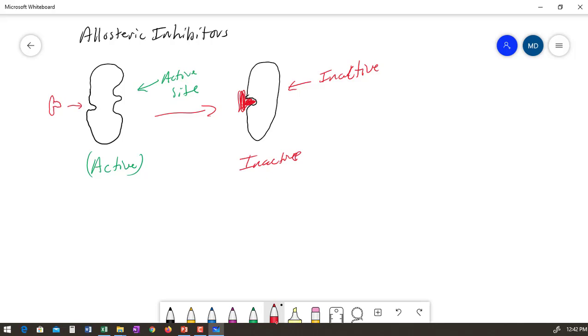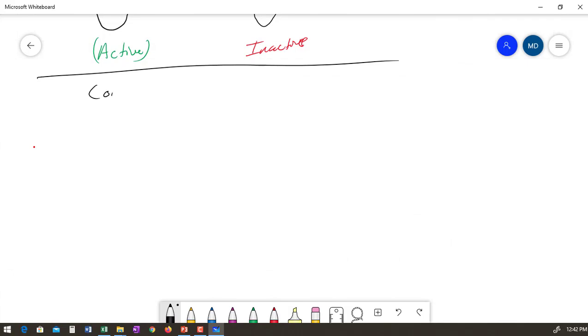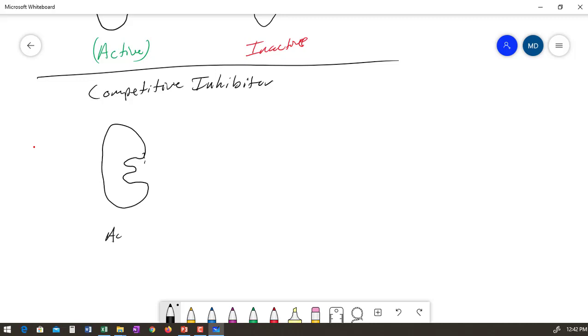All right, and then the last type of inhibitor here is what's called a competitive inhibitor. A competitive inhibitor actually binds to the active site itself. So imagine that we have this active site like this. This active site, this is currently an active molecule. A competitive inhibitor will be built in such a way that it takes up all or part of the active site.